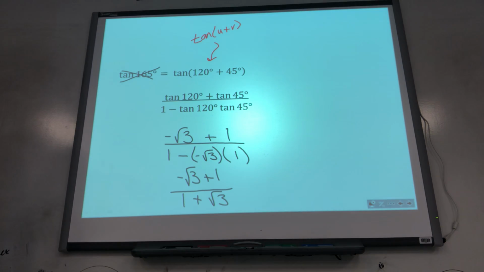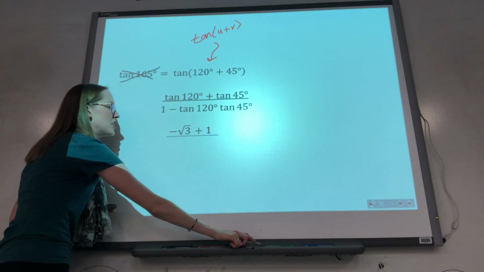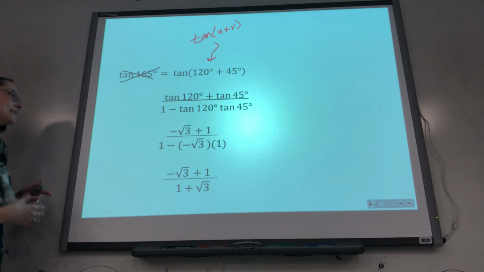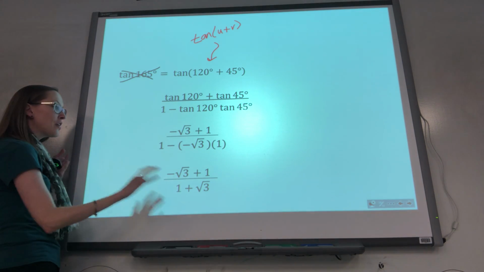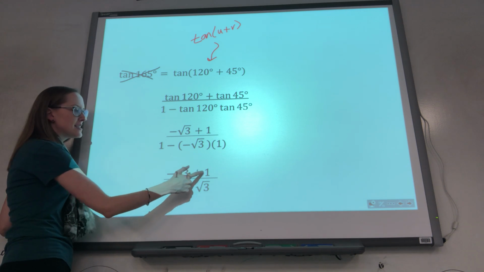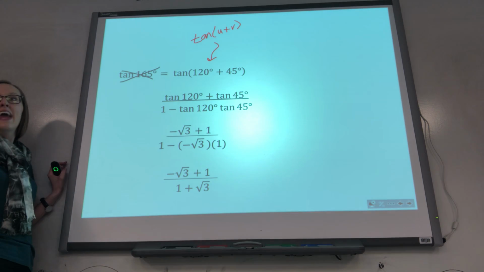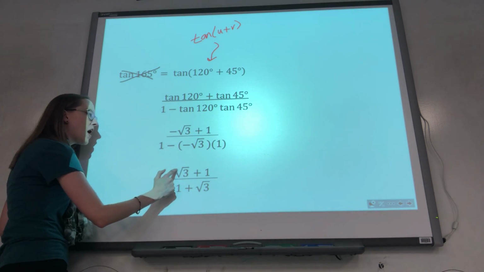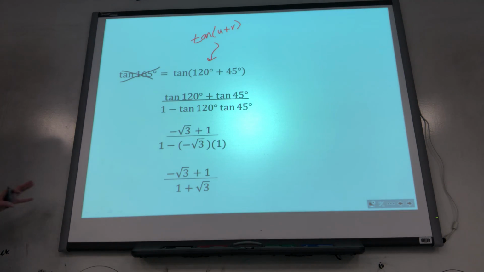Now, I realize it's very tempting to try and cancel something out. You see the 1s and you see the square root of 3s and you just want to cancel them, but you actually can't, because this is a part of a sum, that's a part of a sum. If you canceled something, they would all 4 have to have it in common, and they don't here.